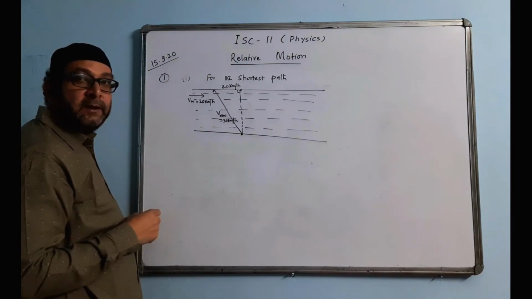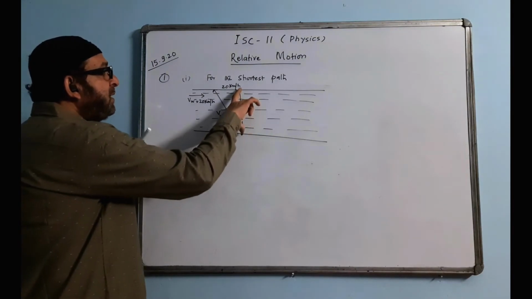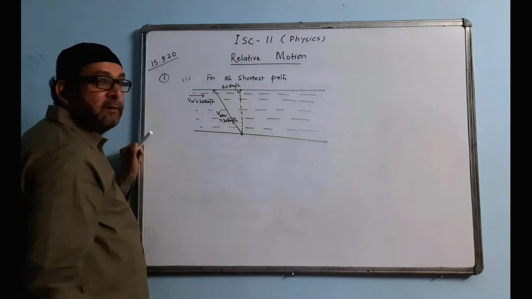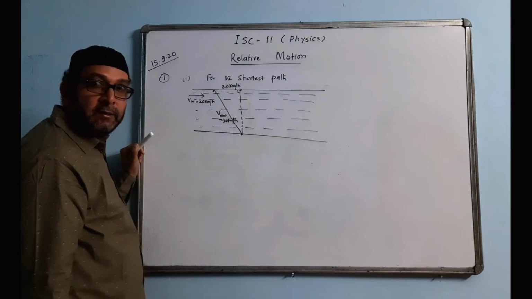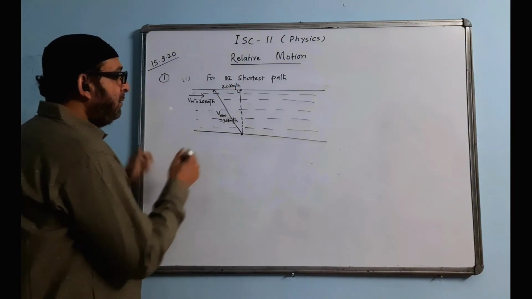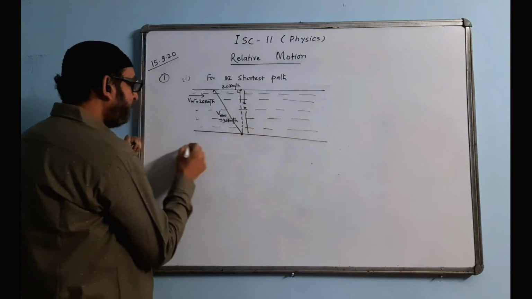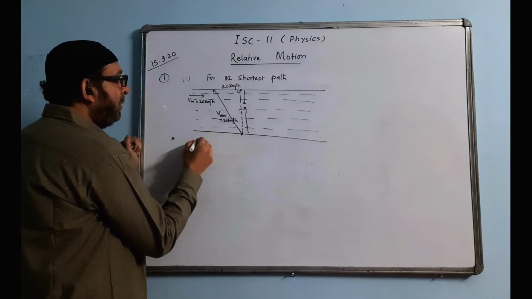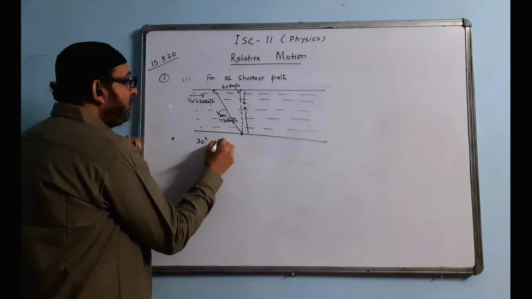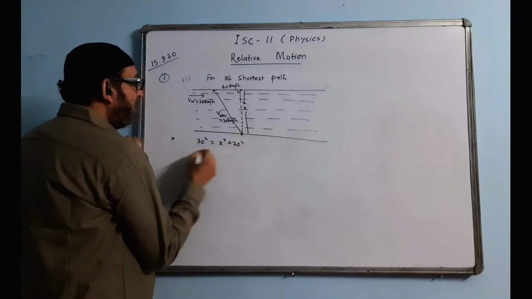The time formula will be distance by speed. This distance, the shortest distance, is given, that is the width of the river, 200 kilometer. We will find this velocity x. Use Pythagoras theorem: 30 square is equal to x square plus 20 square.